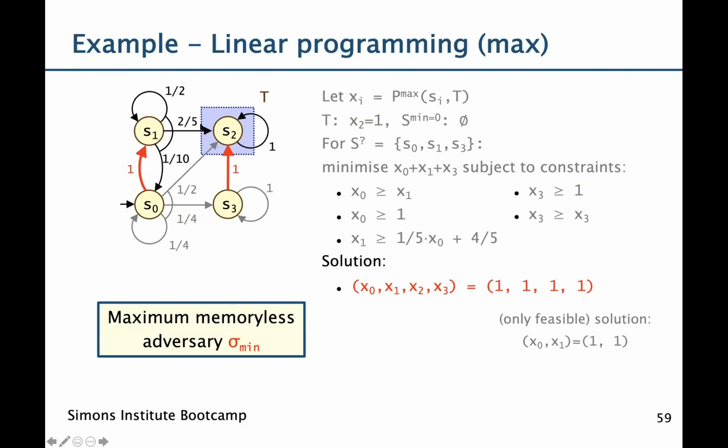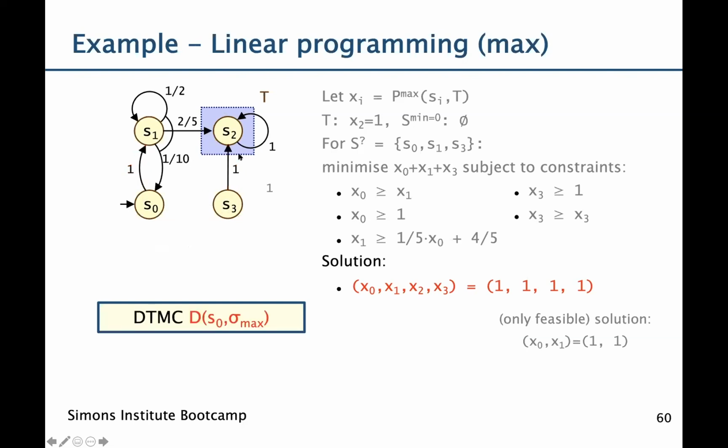So this is the maximum memoryless adversary. In S0, it chooses this step here, and in S3, it chooses this step here. So this yields our DTMC here, which also has, in each state, probability 1 of getting to S2.